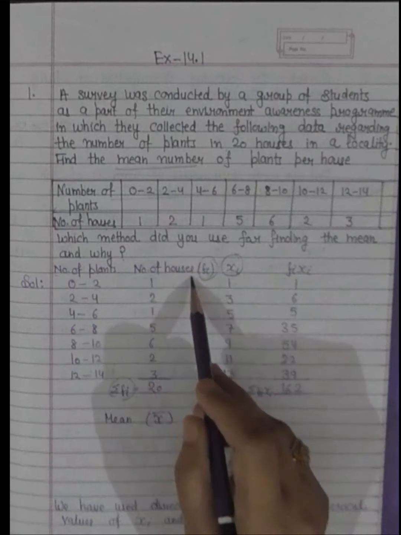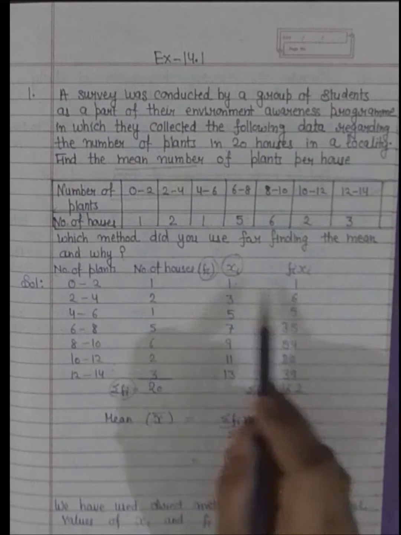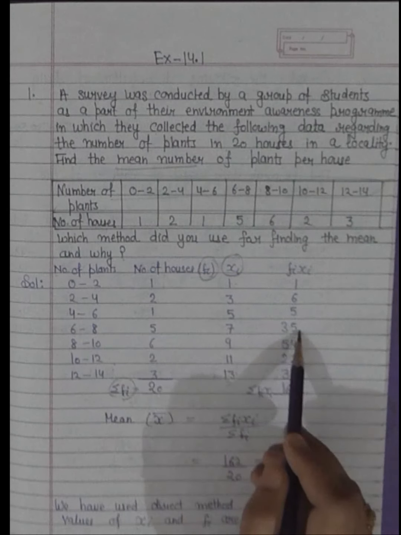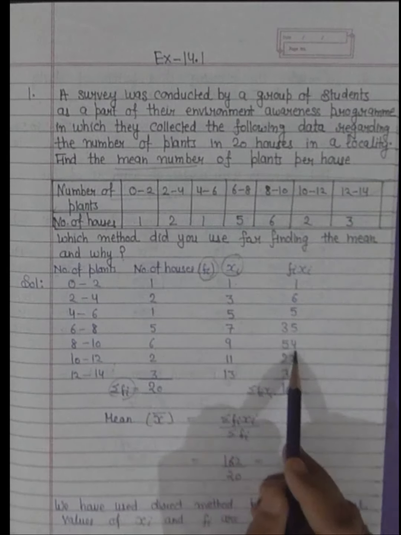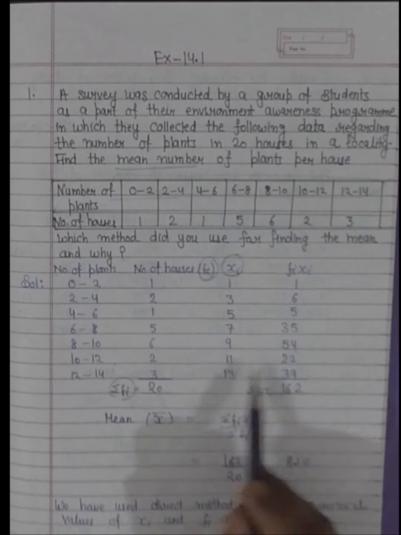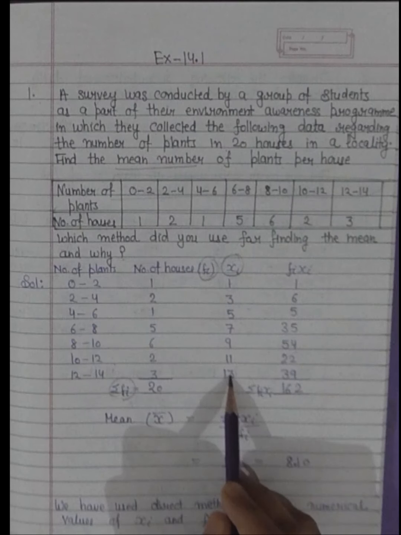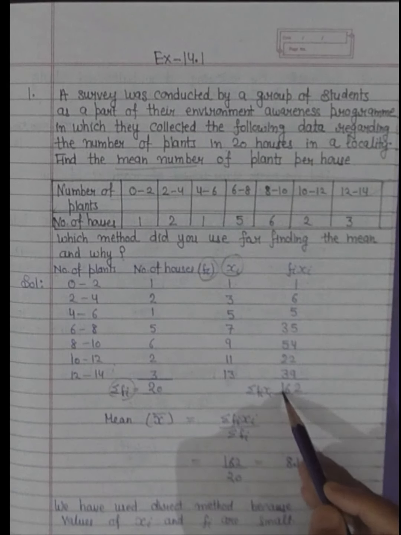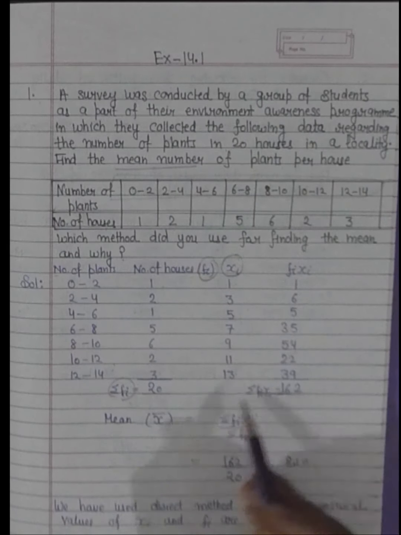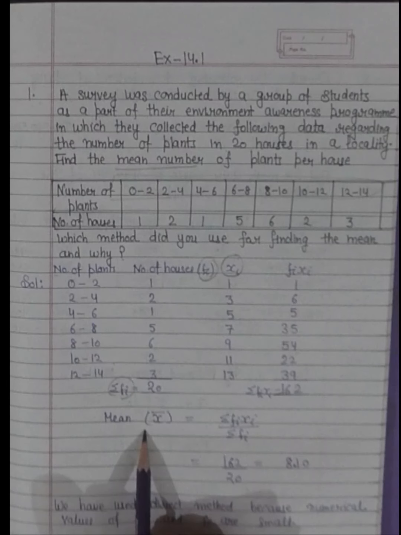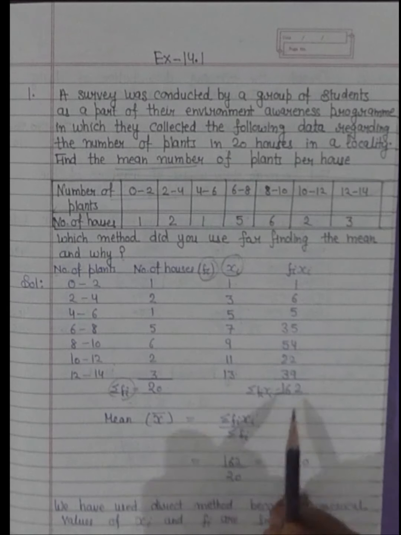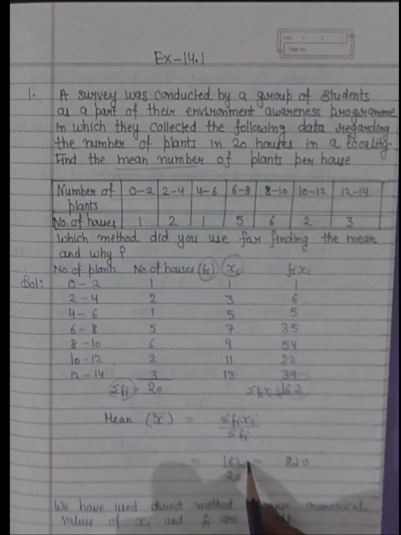Now multiply fi with xi. 1 times 1 is 1, 2 times 3 is 6, 1 times 5 is 5, 5 times 7 is 35, 6 times 9 is 54, 2 times 11 is 22, 3 times 13 is 39, and the total of all these is 162. Now the formula for the mean by the direct method is summation fi xi divided by summation fi, and the value is 162 here and this value is 20.